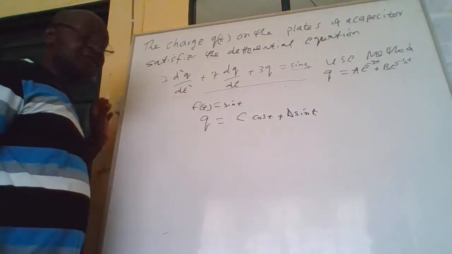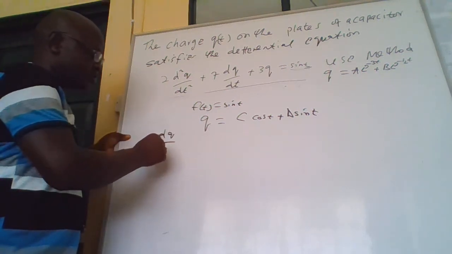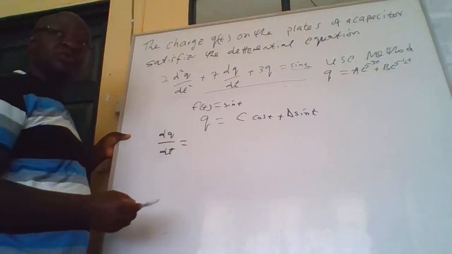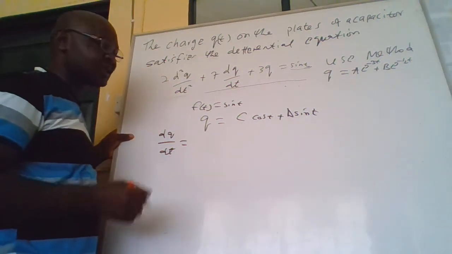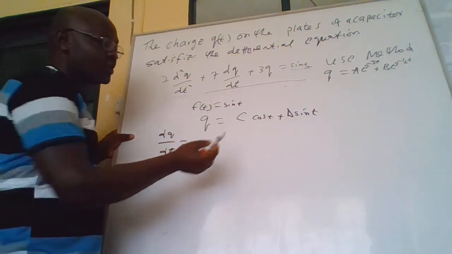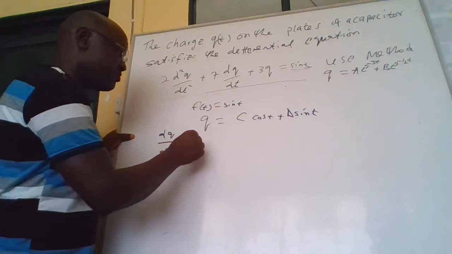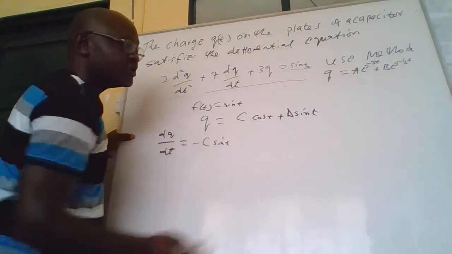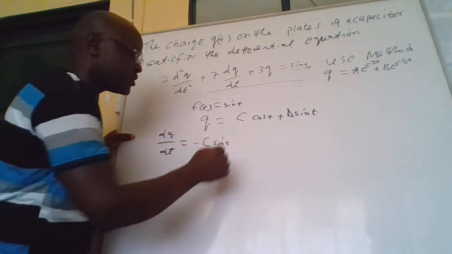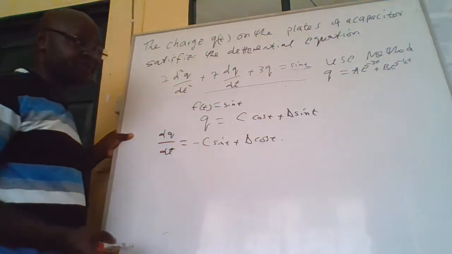Therefore, we differentiate this equation. dQ/dt: when you differentiate cos t, you get negative sin t, so here we have -C sin t. When you differentiate sin t, you get cos t, so we have plus D cos t.